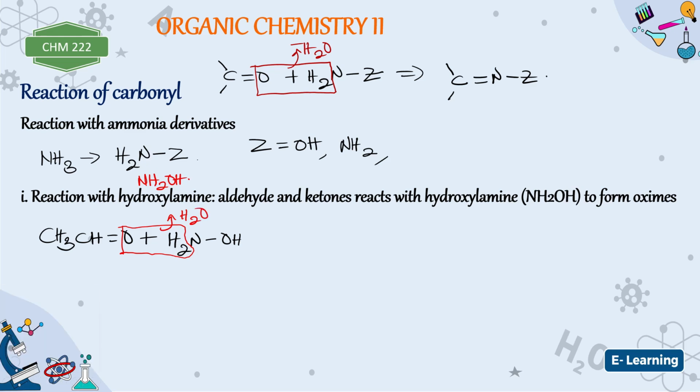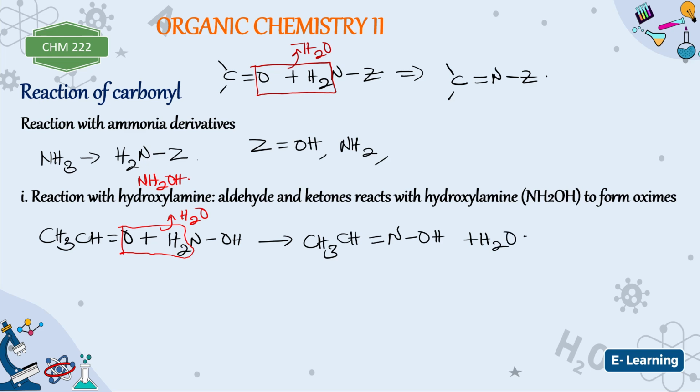And then when water is given off, what do you think will be the product of this reaction? It's going to give us CH3, CH double bond N, and then here will be OH, plus the water that was given off.